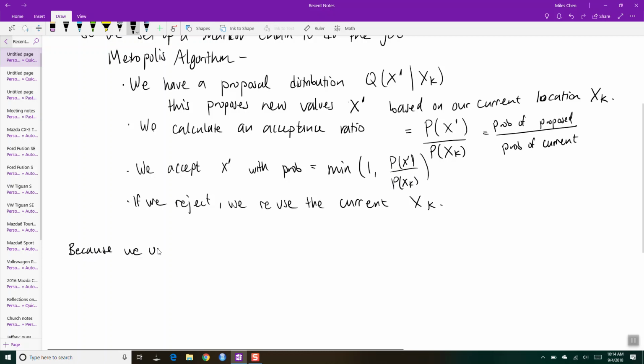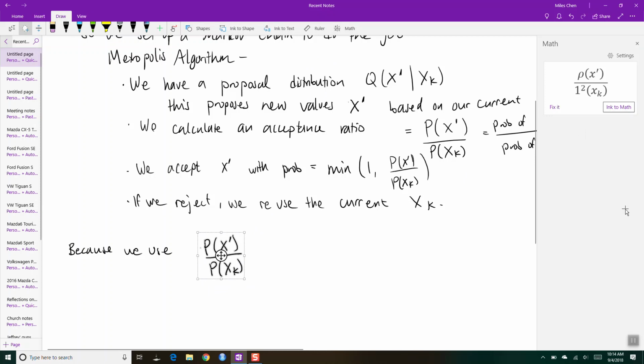Because we use, all right, let's see if this does anything. Okay, and then we'll tap math. Let's see, fix it. Circle the part of the equation you want to fix, this part. That's a P. Wow, look at that.